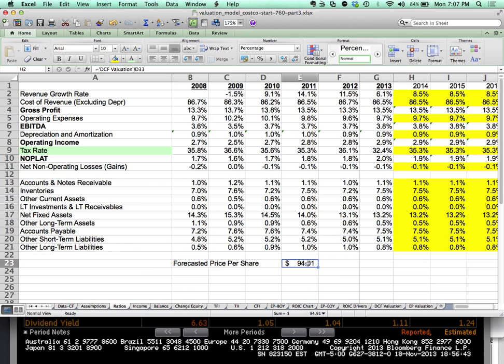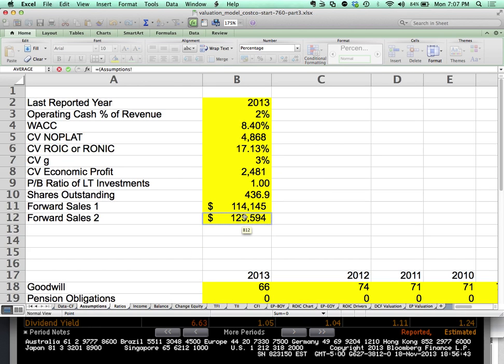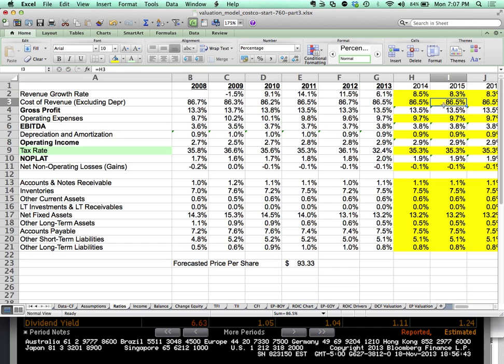Notice that my share price is now higher. I'm now at 94.91. I'm closer to the current share price as well. Remember, see what we just did? We'll do this for year 2. Year 2, 2015, equals, left paren, from my assumptions tab, forward sales 2 minus forward sales 1, right paren, divided by forward sales 1. 8.3%.